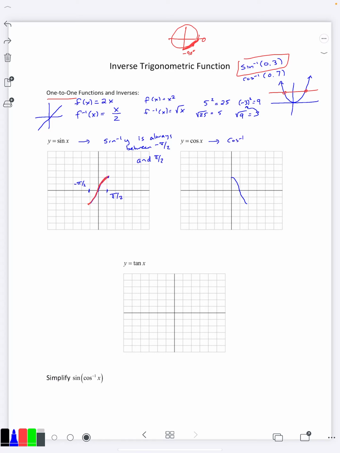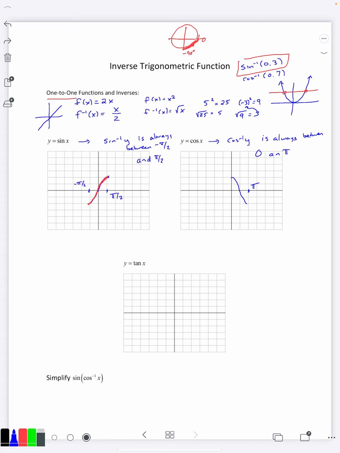We can do a cosine inverse of y is always between 0 and pi. So there is a difference between sine inverse and cosine inverse.